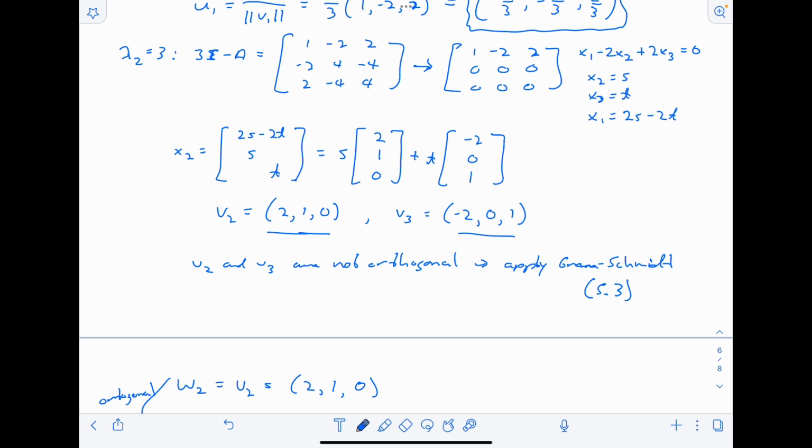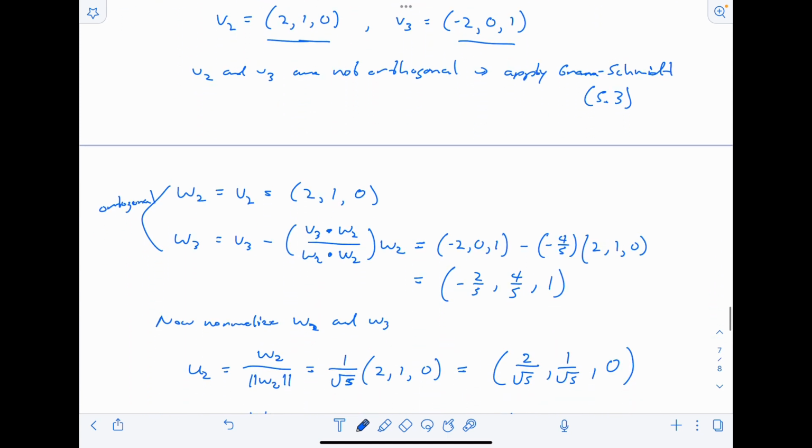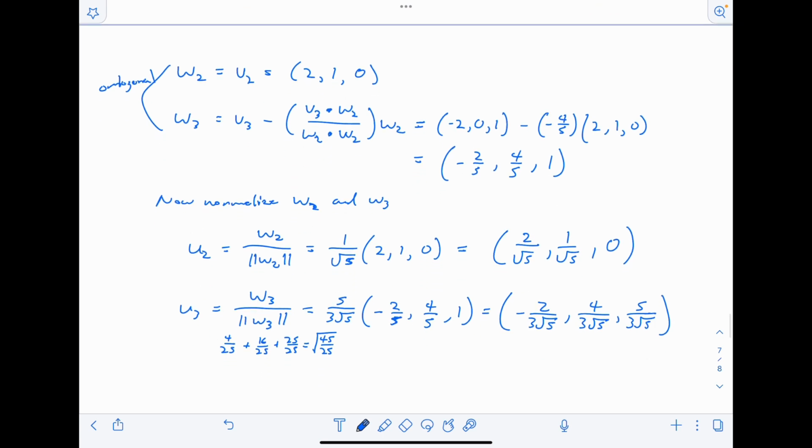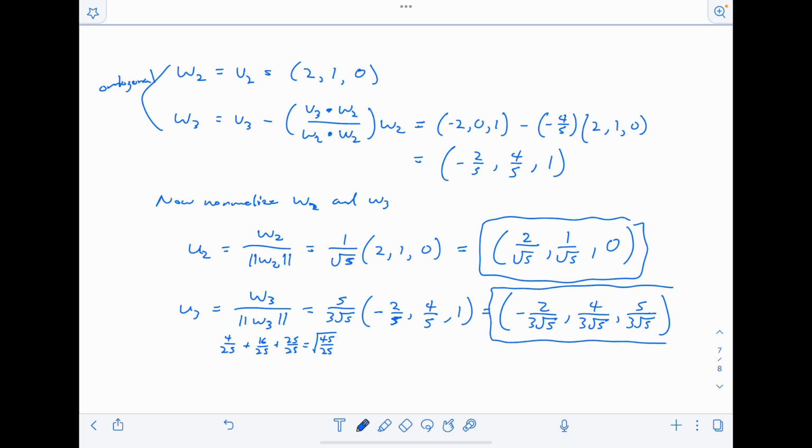They are neither orthogonal, nor were they unit vectors. So the first thing we had to do was transform them into orthogonal vectors using the Gram-Schmidt process. Then we had to normalize them. So these two vectors are both orthogonal to each other, and they are unit vectors. So they form an orthonormal set.